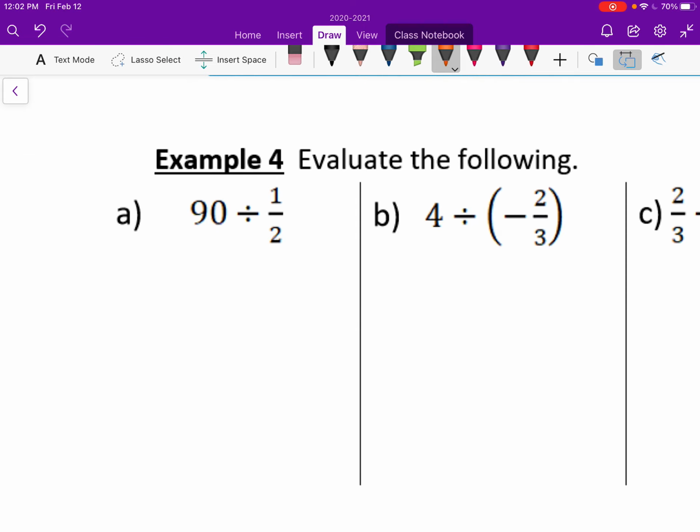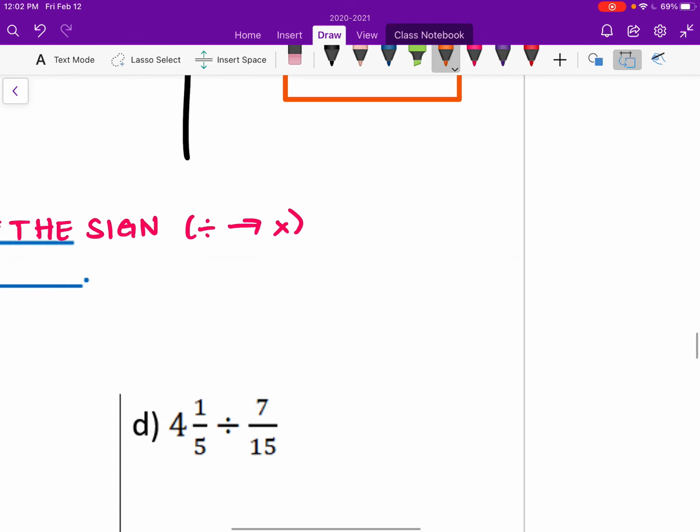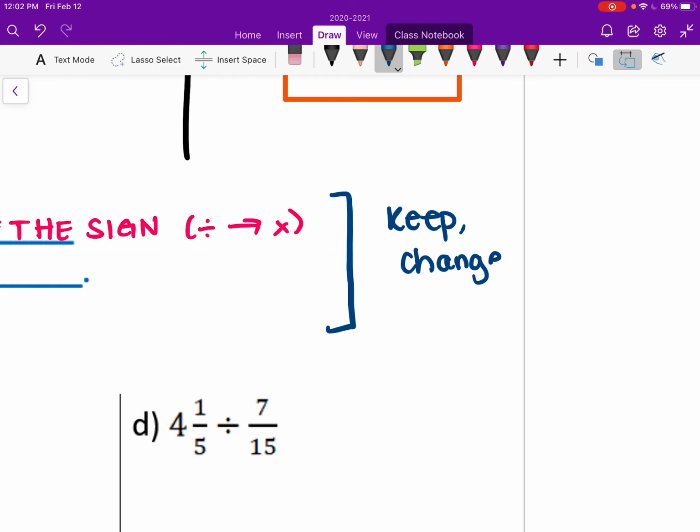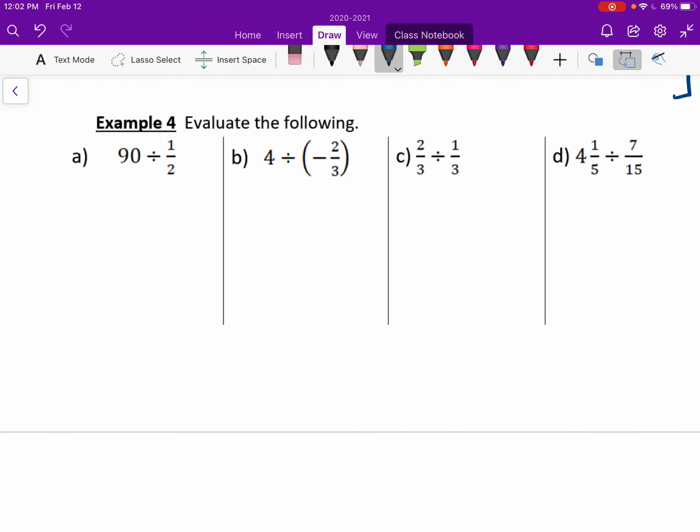So let's try and evaluate the following. I'm just going to put that keep, change, flip here if you would like to remember it. Okay. So it says evaluate the following.